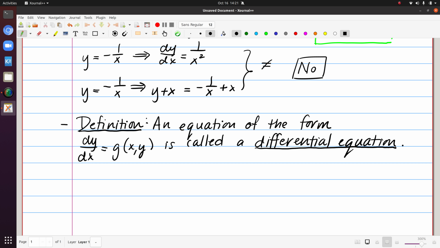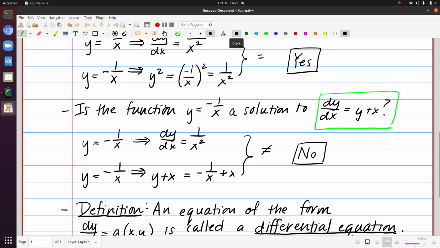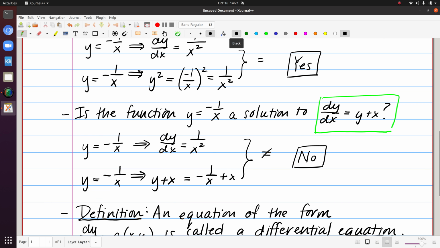Okay, so once we have this idea, then the other thing I want to mention is a solution. And the important thing here is that we understand the idea of the solution, which I think is clear from the examples.